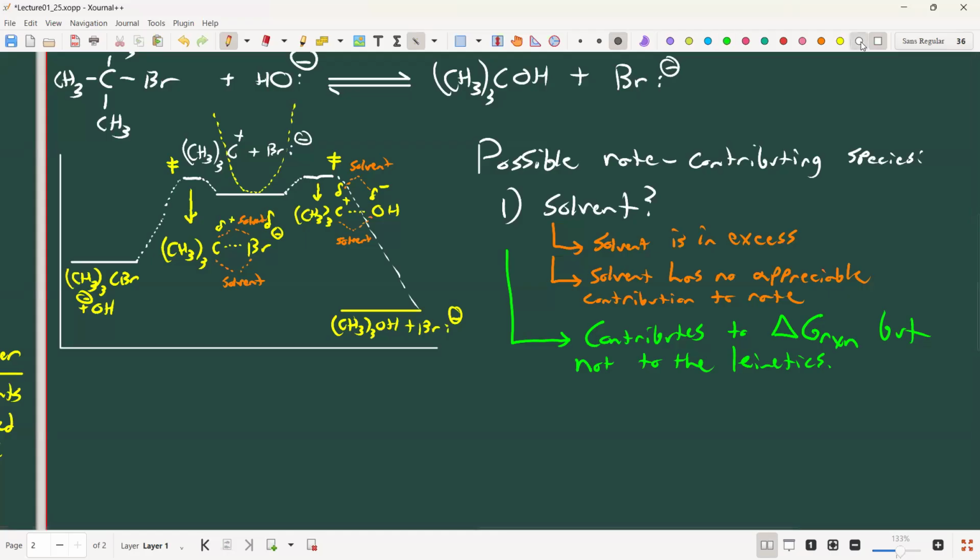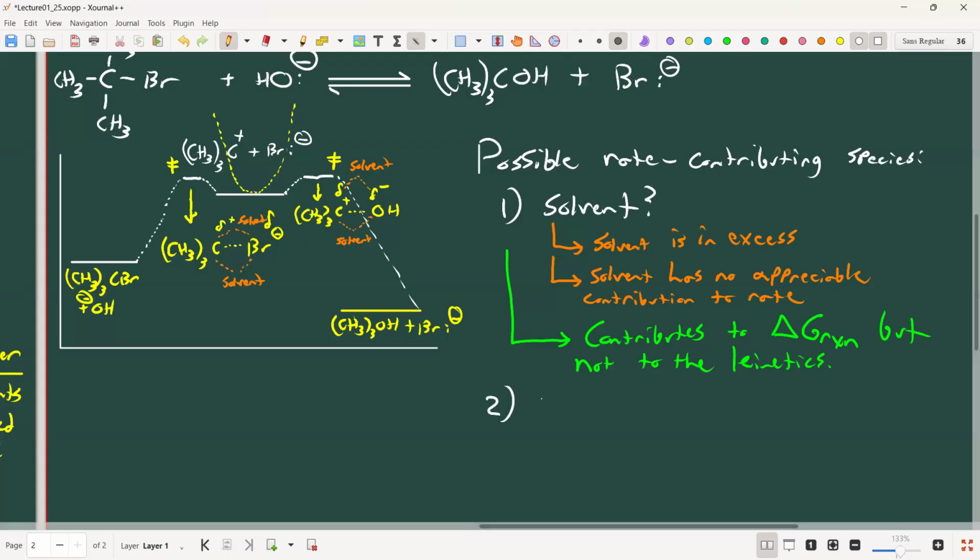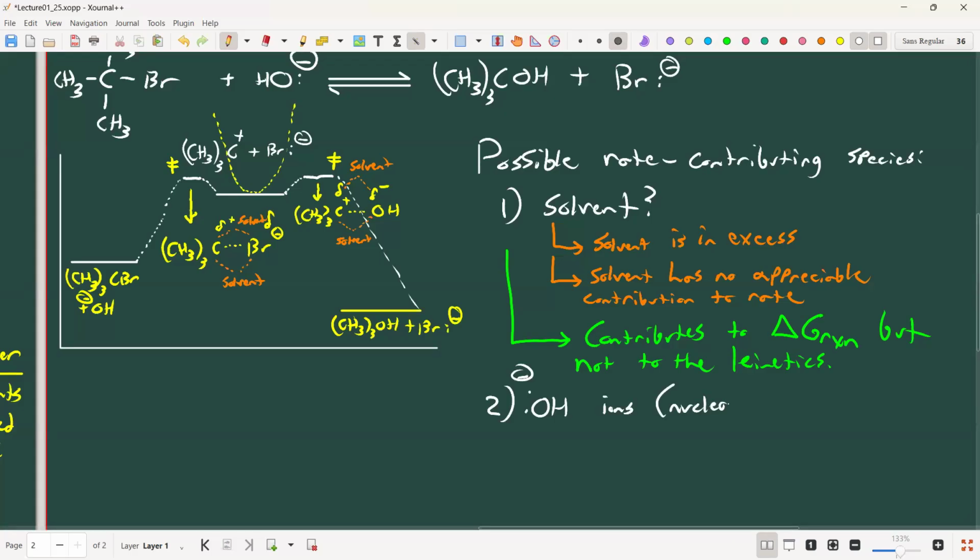Right, so it's not the solvent. And then we can also think about the OH minus ions, the nucleophile.